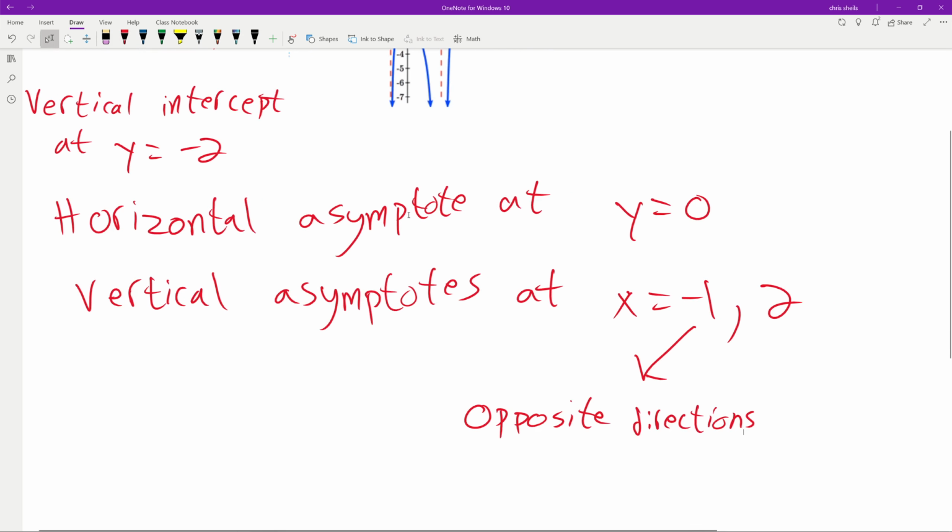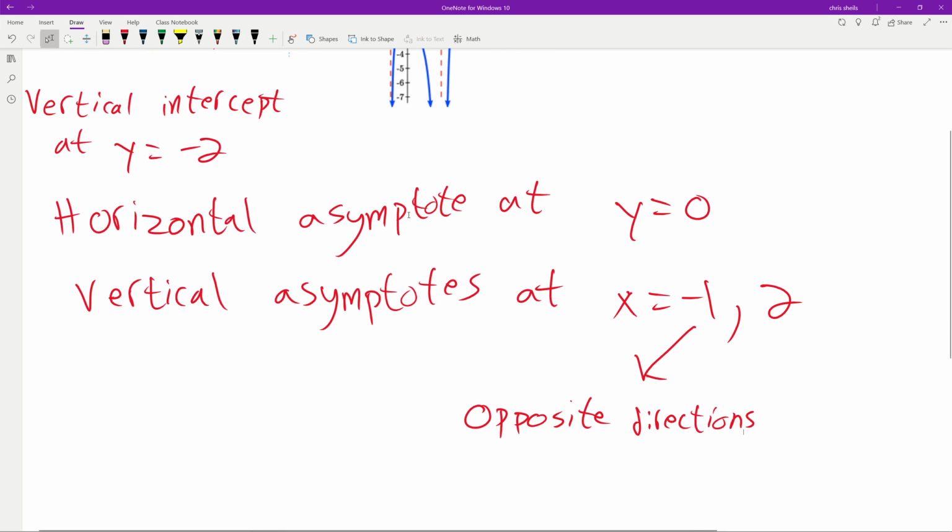Let's use the information we have here and try to piece this function together. So I have horizontal intercepts at x equals -2 and at x equals +3. So this gives me the factors x plus 2 times x minus 3.